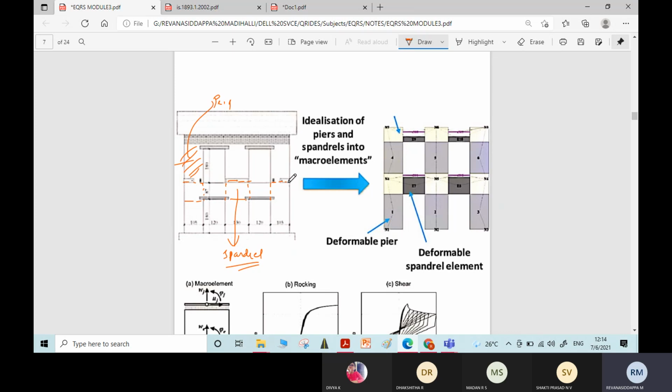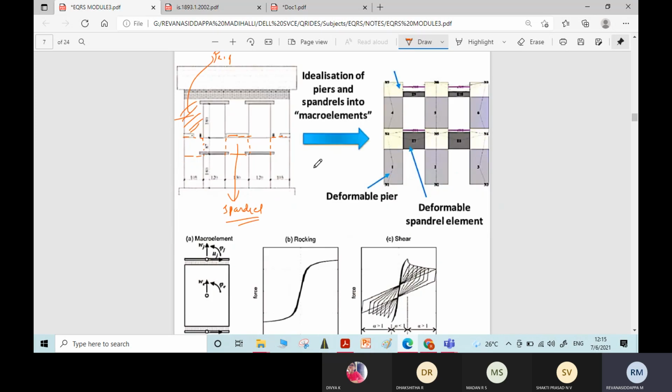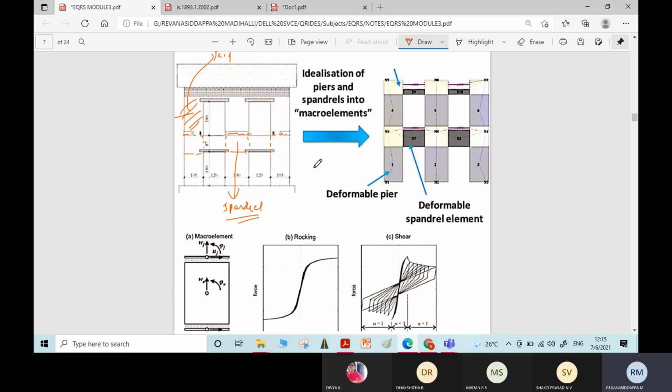So the infill wall in this structure is assumed as a number of components having a number of piers and a number of spandrel elements. In this way, by assuming the wall as spandrel elements, which are deep beams, and piers, which are columns, the analysis will be performed.